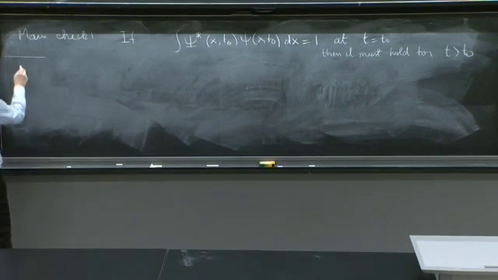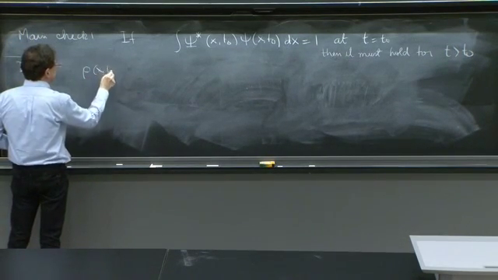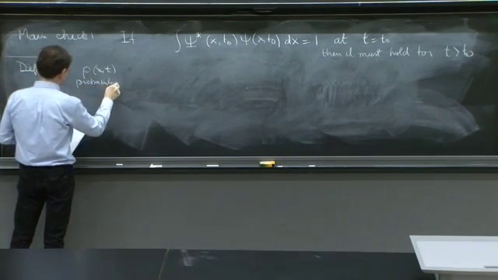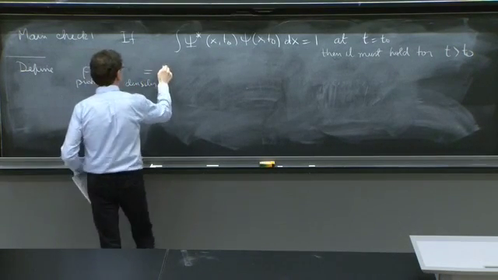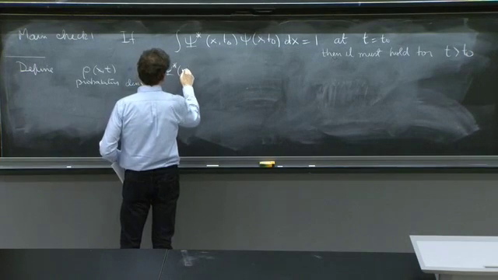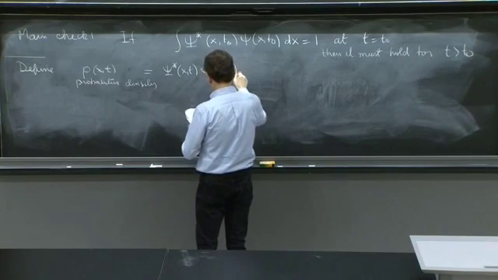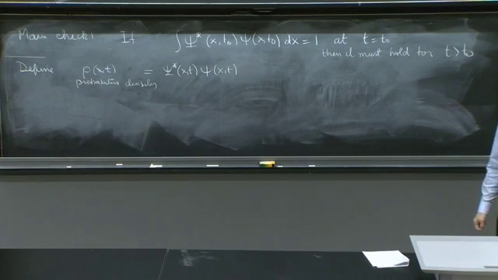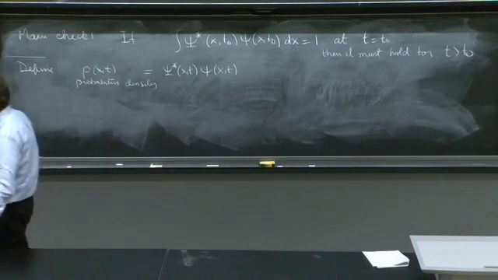So we'll define rho of x and t, which is going to be called a probability density. And it's nothing else than what you would expect, psi star of x and t times psi of x and t. It's a probability density. You know that that has the right interpretation. It's psi squared.